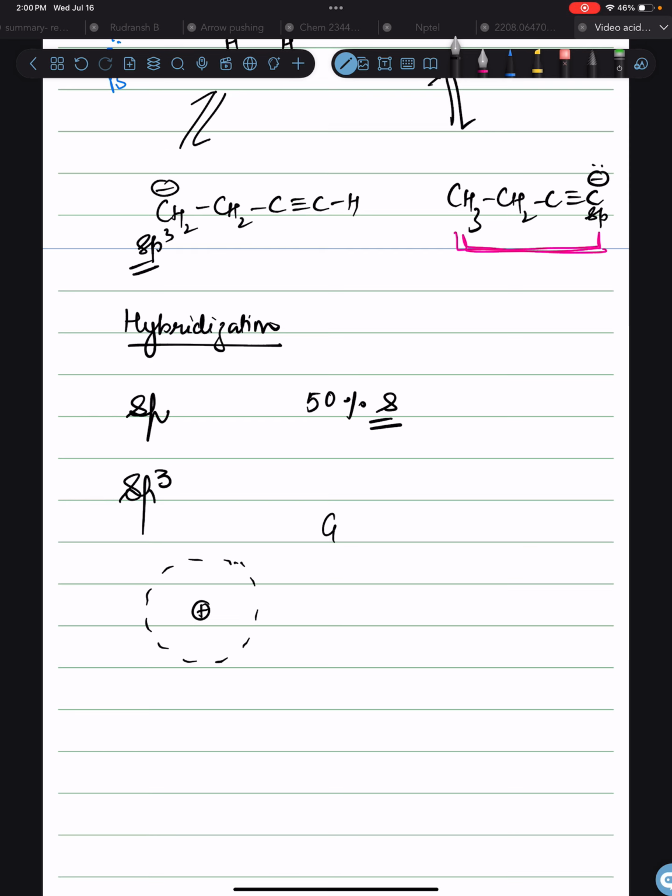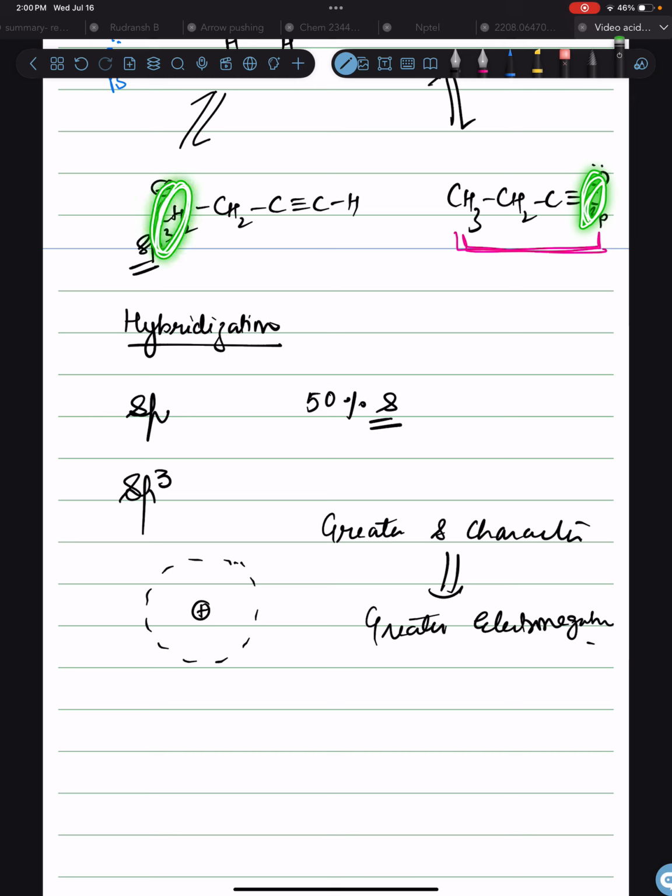Greater s character implies greater electronegativity. So the carbon which is sp hybridized is behaving as a more electronegative atom as compared to the one which is sp3 hybridized.